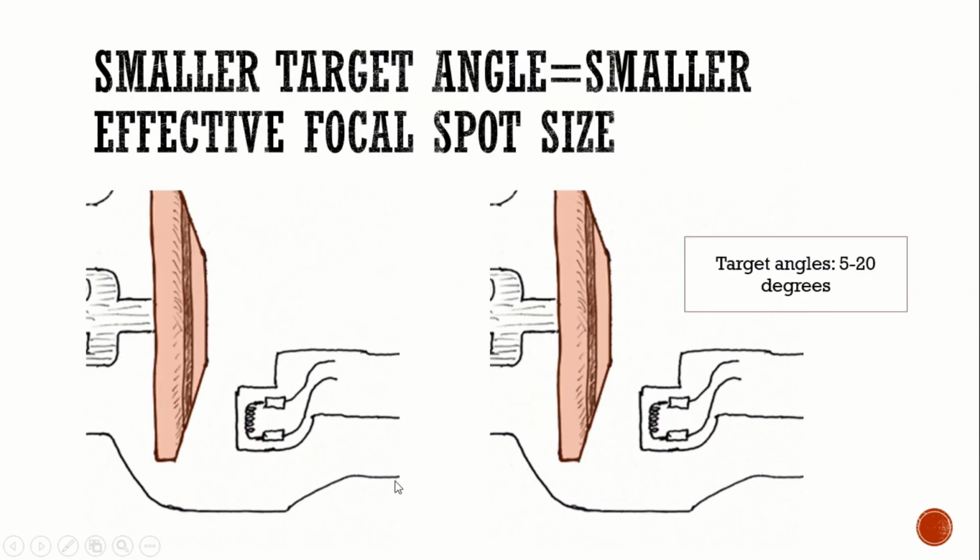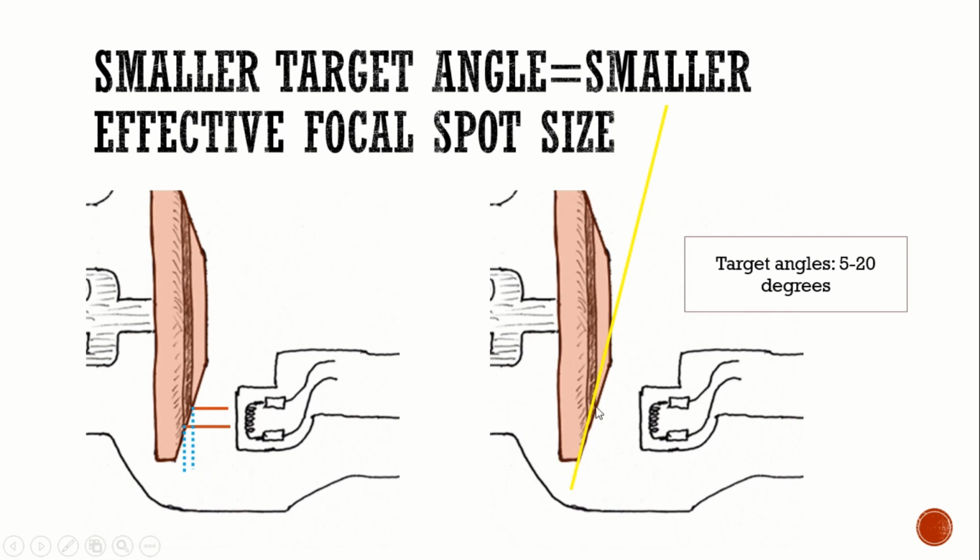Now, the smaller the target angle is, the smaller the effective focal spot. So, effective focal spot number 1 as compared to when the angle of your anode target is being reduced.